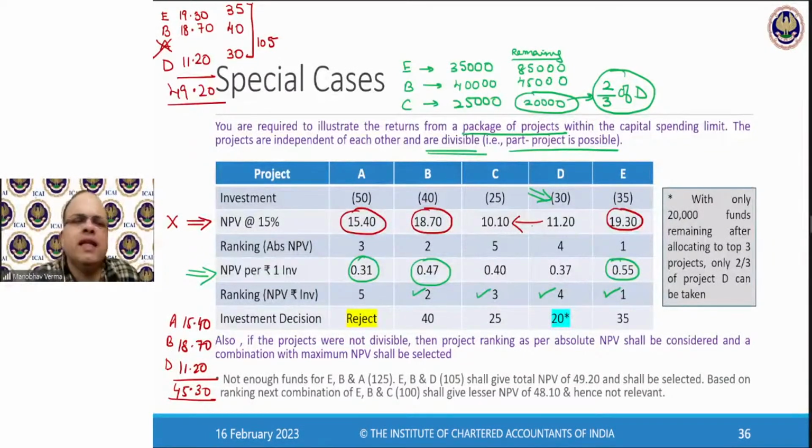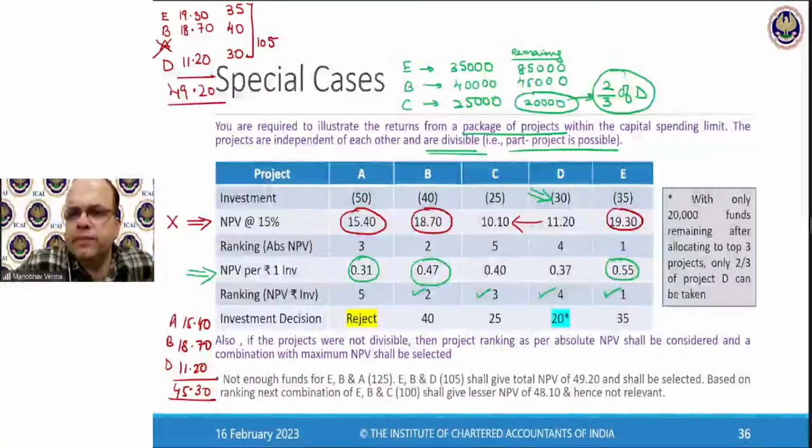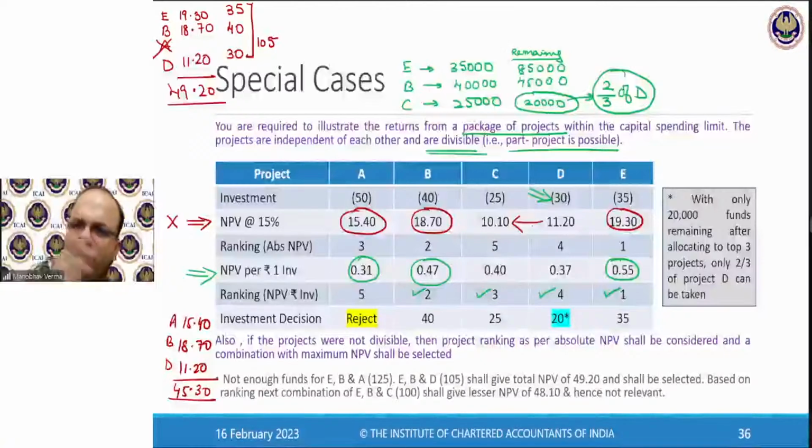Which combination will you select? Will you go for EBD or you will go for ABD? What do you think, guys? I think I would go with the EBD, right? We are not even exhausting everything and we're getting a maximum NPV, and then there could be another opportunity for the remaining 15,000 somewhere else. So just that will anyways increase your benefit, right?